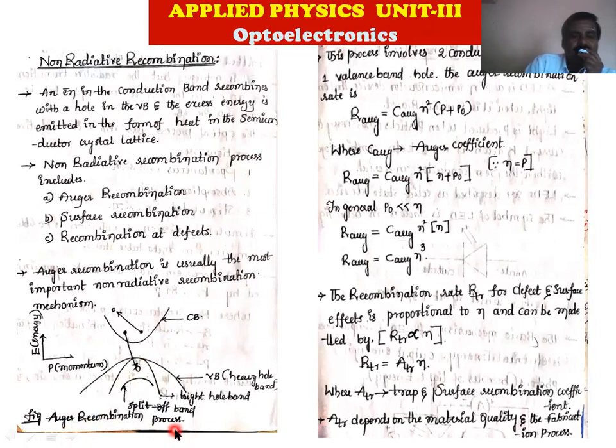Auger recombination process mechanism, energy versus momentum. Valence band and conduction band.